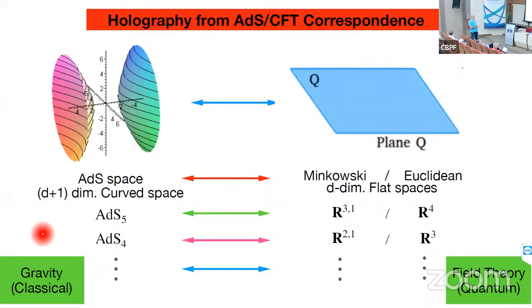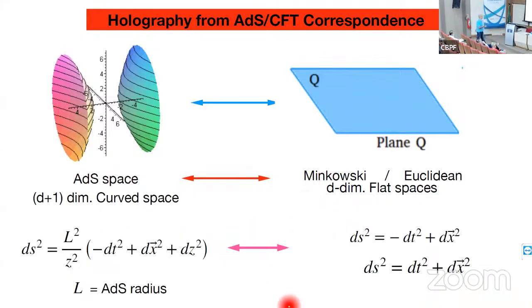These theories are classical gravity theories, and they are related to quantum field theories in this space, maybe Minkowski or Euclidean, depending on the signature of how you define your anti-de Sitter space. Usually I'm going to talk about this AdS5 related to Minkowski in 3+1 dimensions in flat space. Okay.